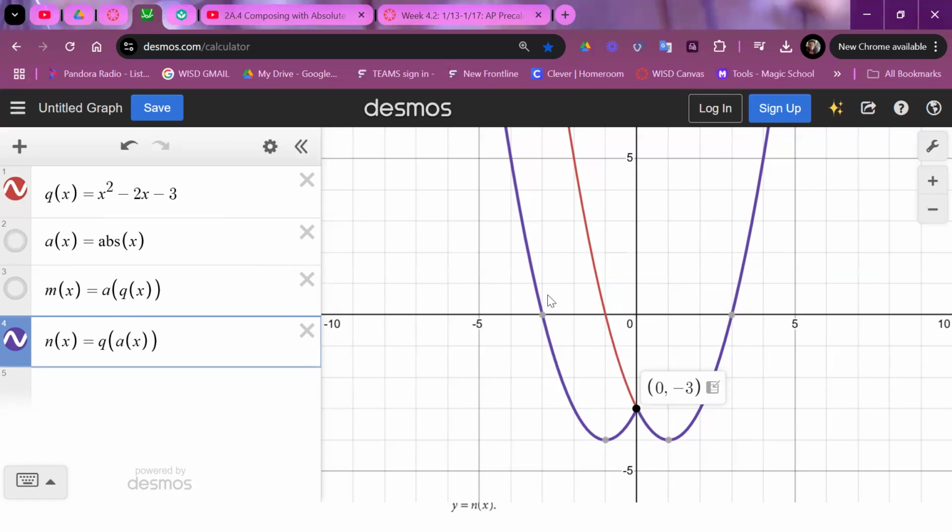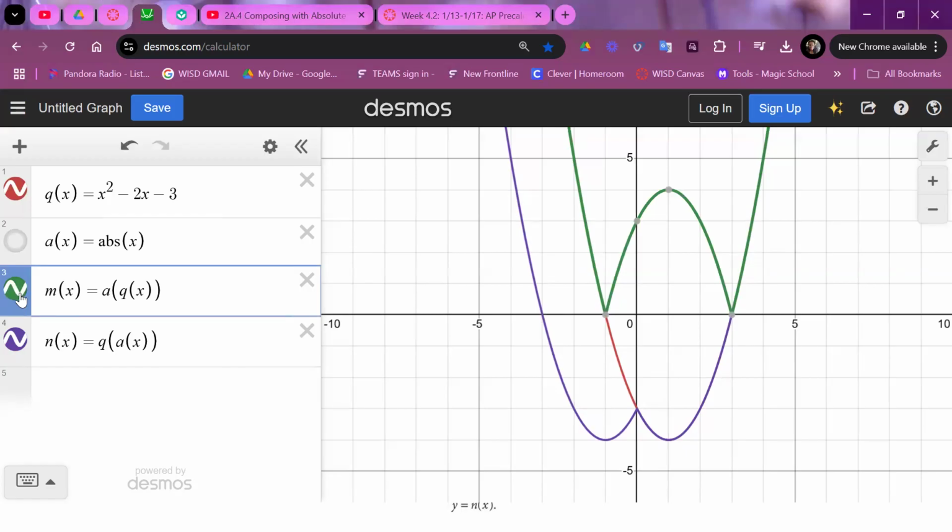Do we see the difference? Okay, so this one was plugged into the absolute value function, and it went like that. This one, we plugged the absolute value in for x, and it came like this. So these are the two different impacts that an absolute value function can have when composing with it.